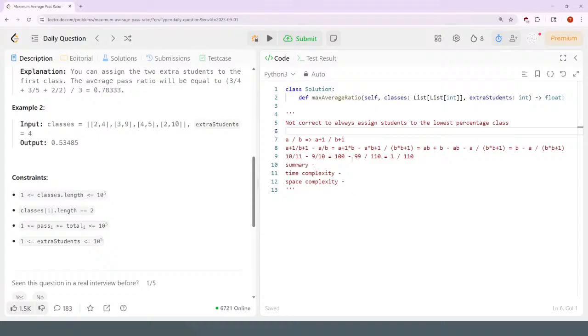I think it might be this formula, this b minus a over b times b plus 1. You assign to the class that gives you the highest increase in the percentage when you assign to that class. And then you do it 10 to the 5th times, like you find the lowest class that has that issue.